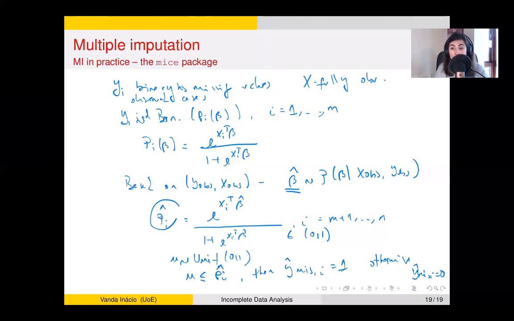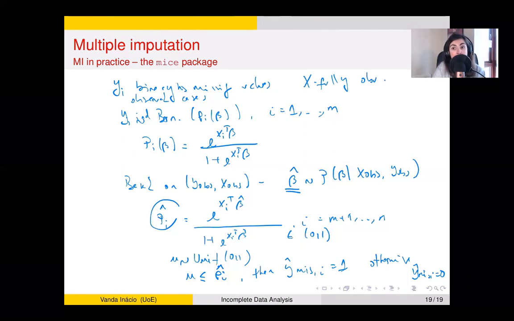And this is one possible way to impute missing values when the variable with missing values is binary. So basically, to the complete cases, we fit a logistic regression model. We extract our regression coefficients, no matter how, bootstrap, Bayesian linear regression.